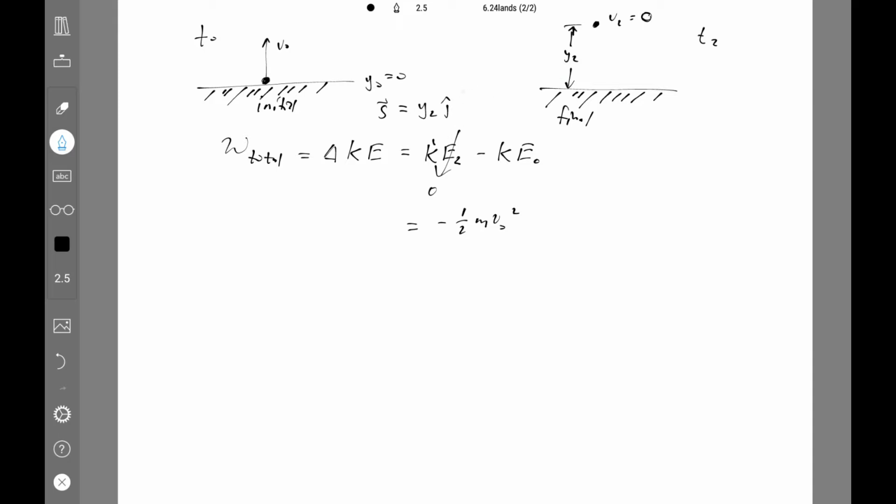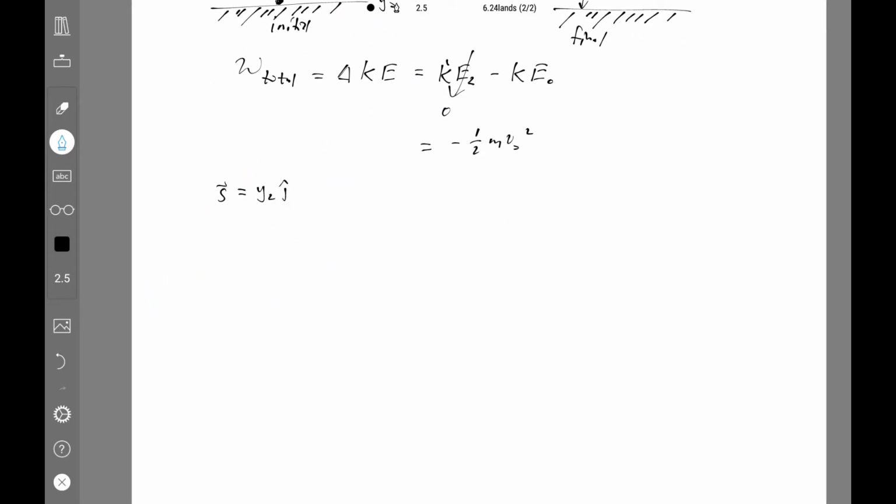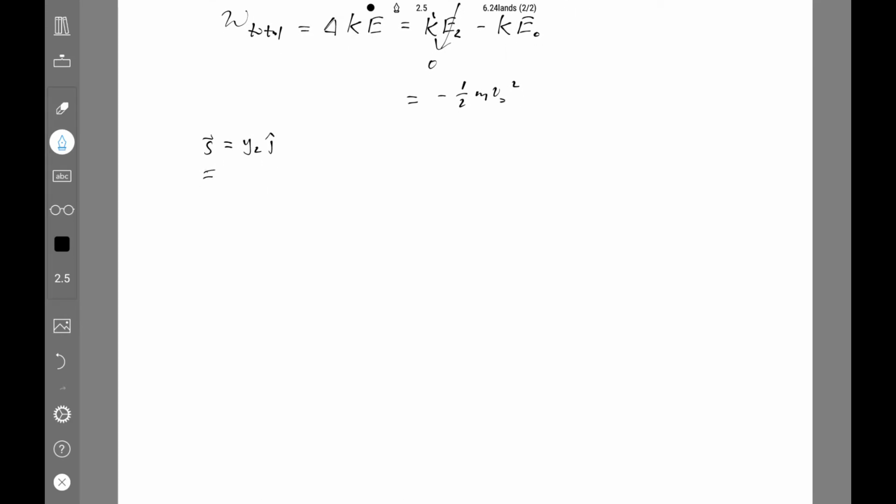And the total force is going to be negative W j hat.